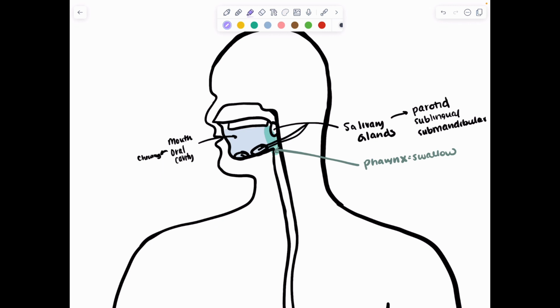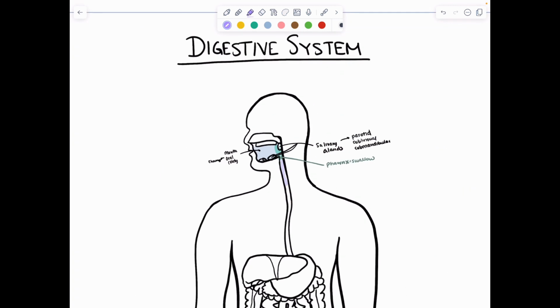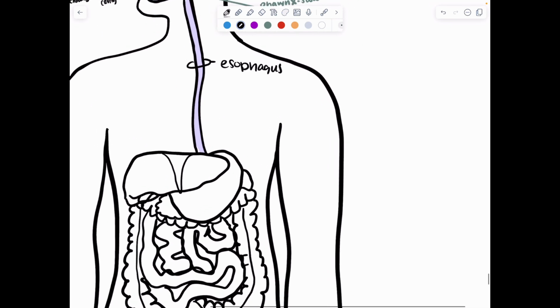And our esophagus is going to go all the way down until it reaches our stomach. The esophagus' job is just to transport it from the mouth down into the stomach.